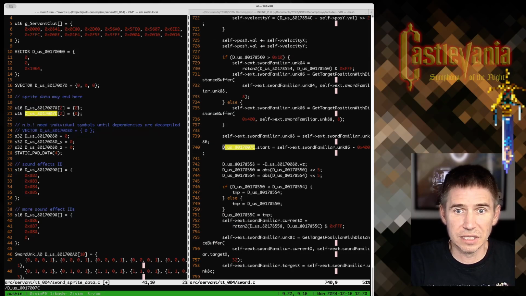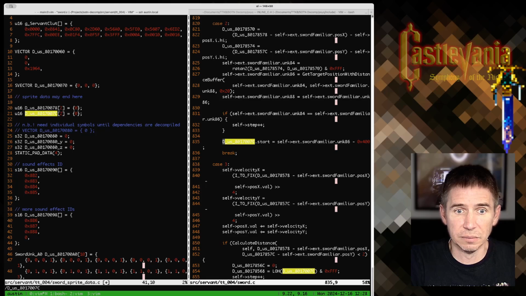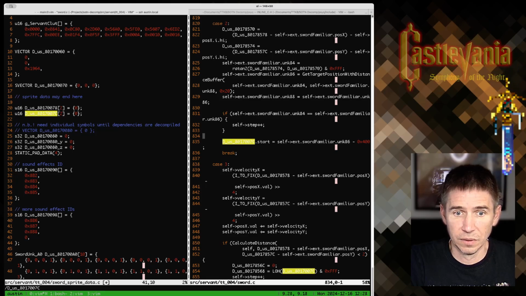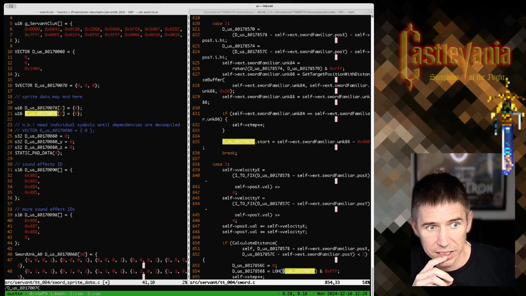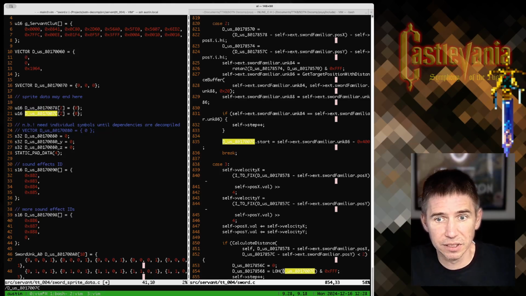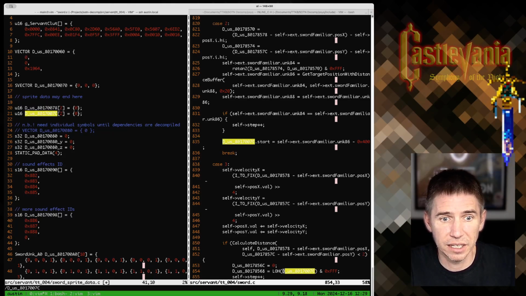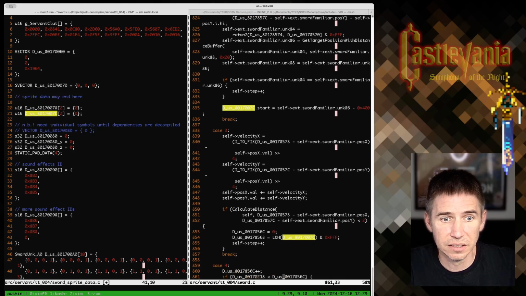So here's a very similar use case. I'm not sure why this would be necessary because the type is already a 16-bit value.